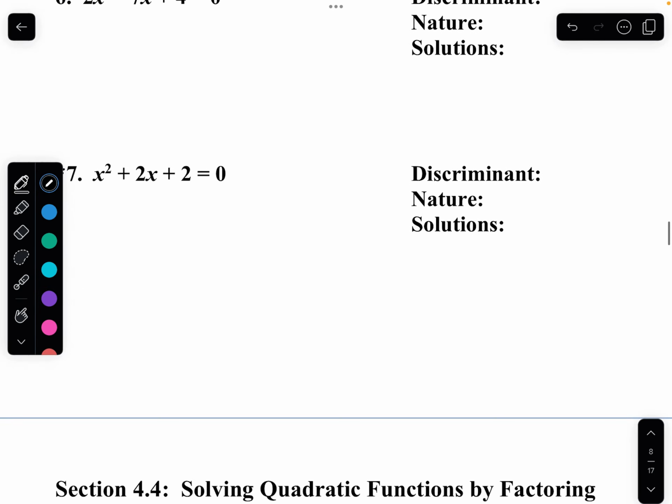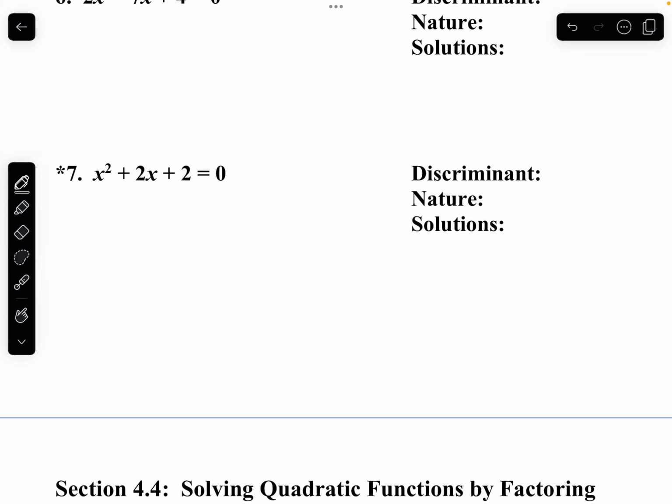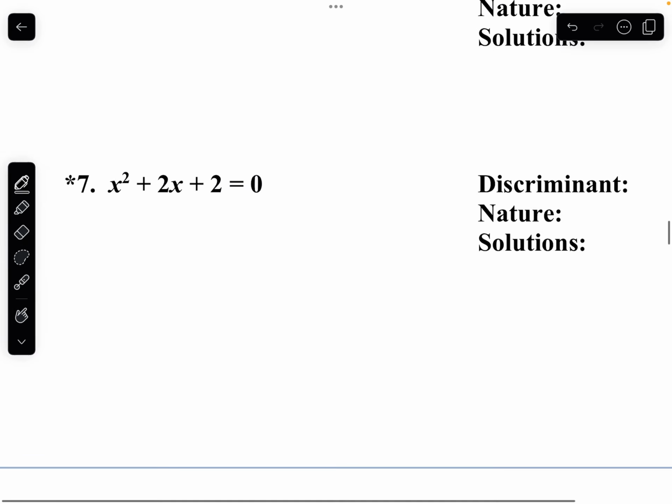Okay, I want to skip to the last one. And so here we're set up so our A value is 1, our B value is 2, and our C value is 2.